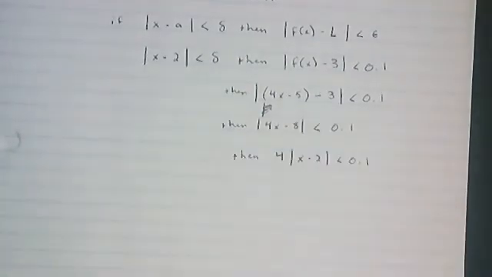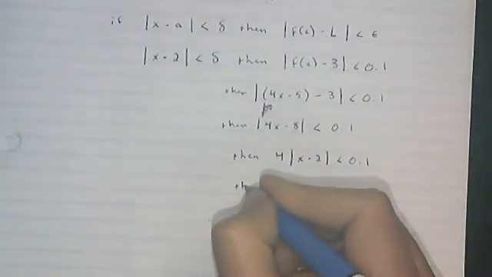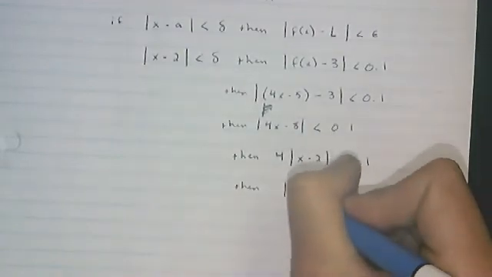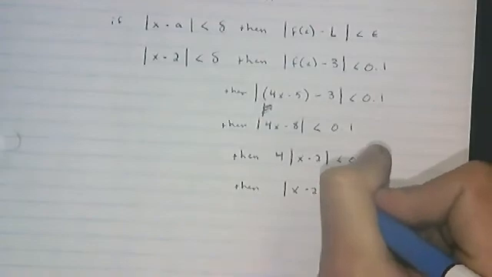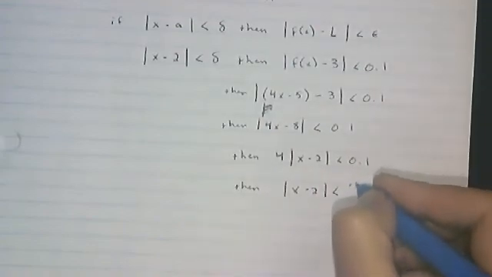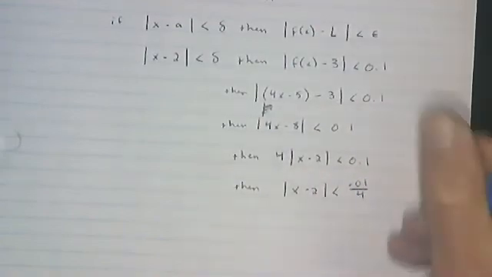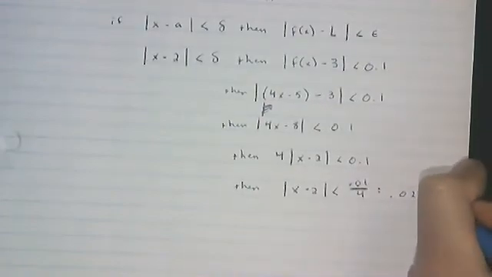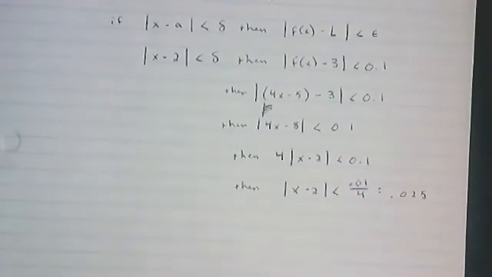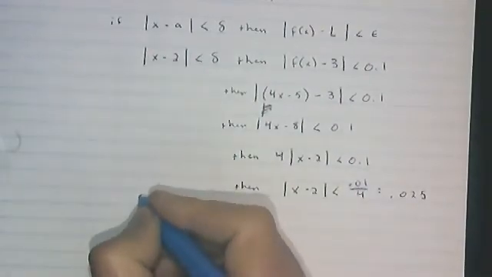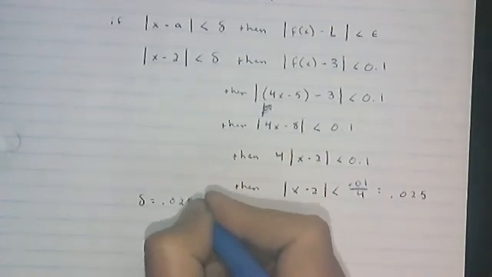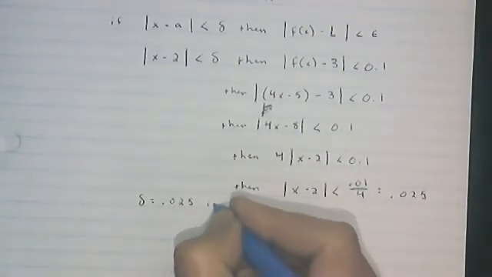If this is true, then dividing both sides by 4, we have the absolute value of x minus 2 must be less than 1/10 divided by 4, which, by the way, is 0.025. And so it appears that we have indeed confirmed that a choice of delta of 0.025 is appropriate.